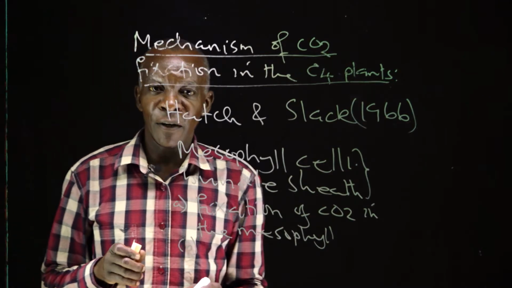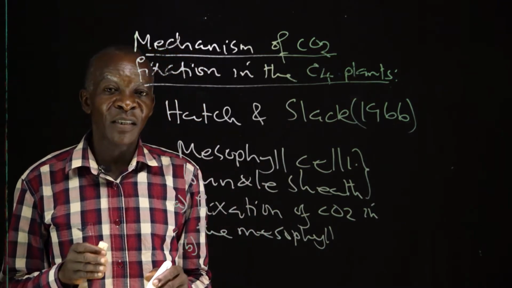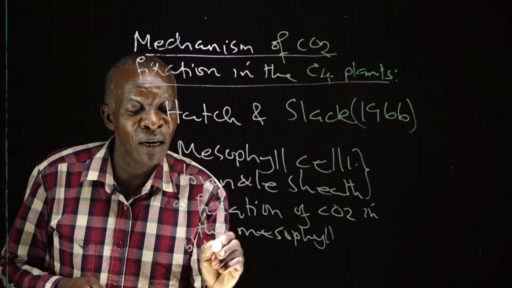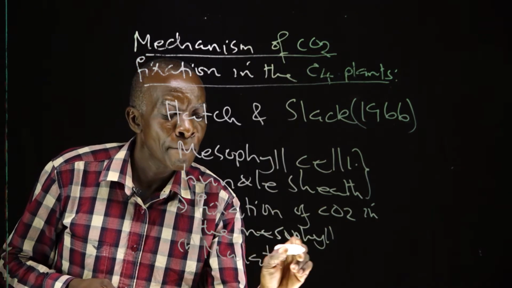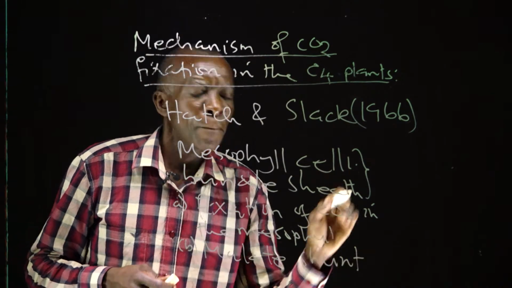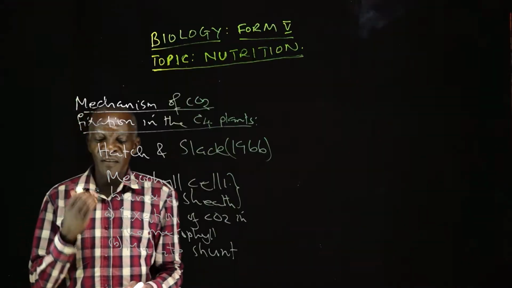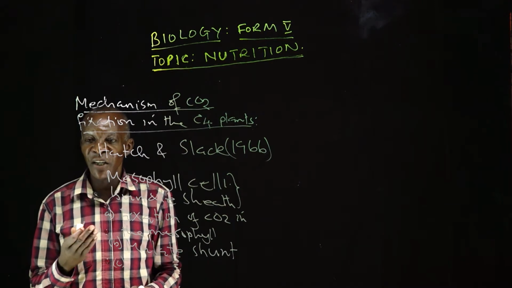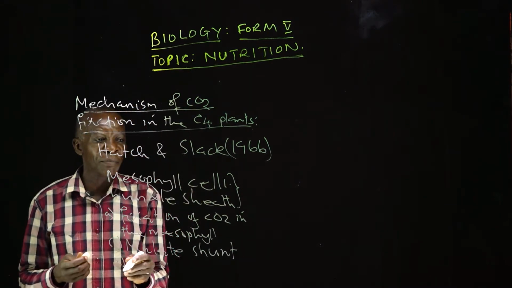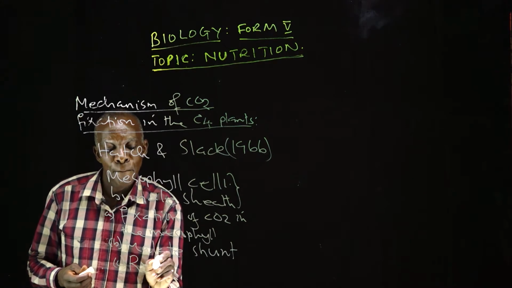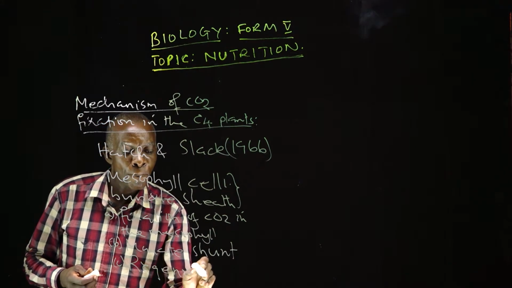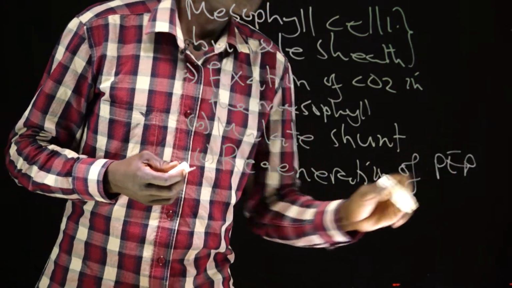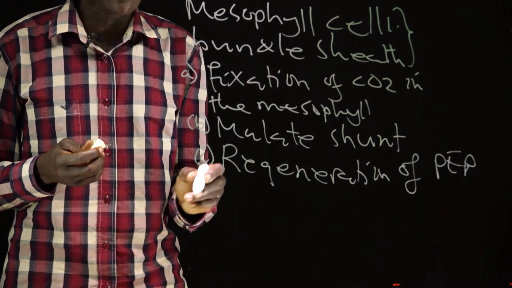The second one is shunting of malic acid, that is the malate shunt. The third step is regeneration of carbon dioxide acceptor, that is the phosphoenolpyruvic acid.